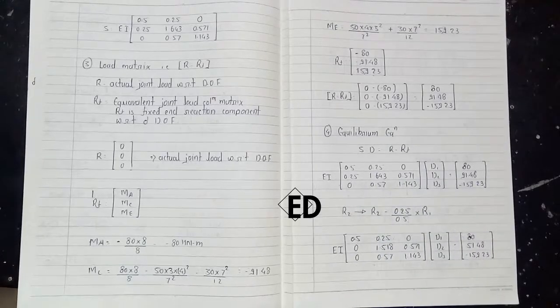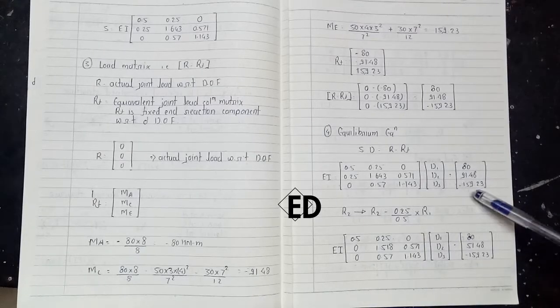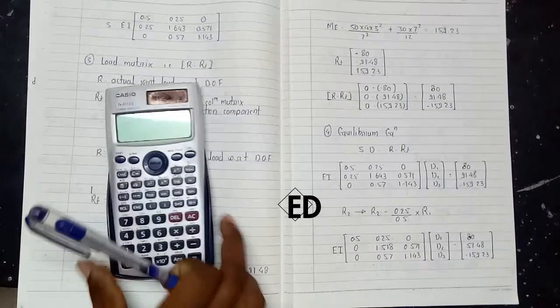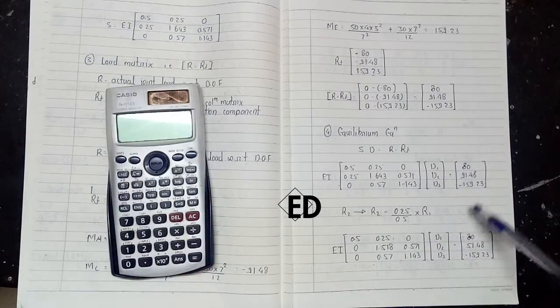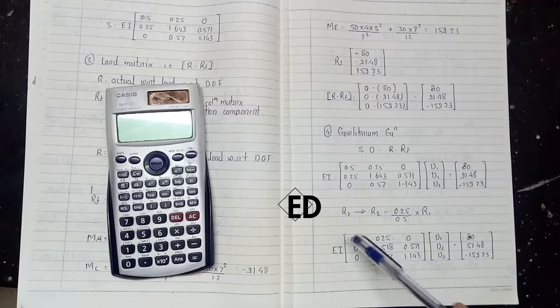As there are many methods for solving this type of matrix, we are also able to calculate it directly by using our calculator, but I solve this by row operations. This is row multiplication.